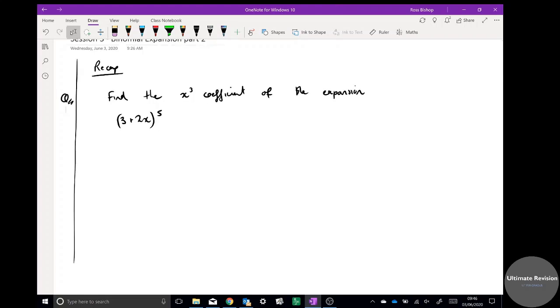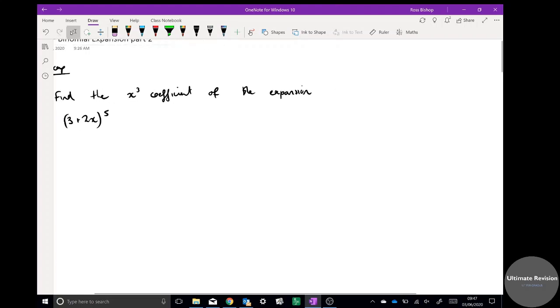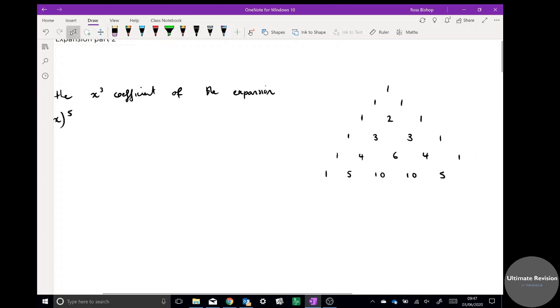What I'm going to do is write down Pascal's triangle down the side. You can create this quite quickly because it's 1, 1, 1, and then remember the middle number is the two above added, so 1, 2, 1, then 1, 3, 3, 1, and so on. Okay, so that's Pascal's triangle.